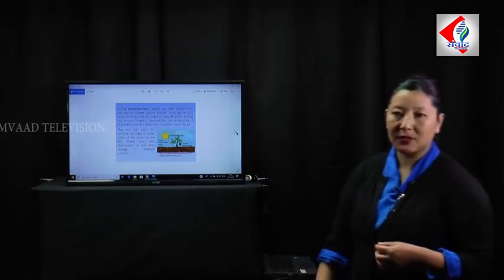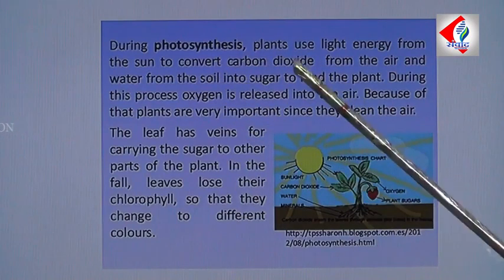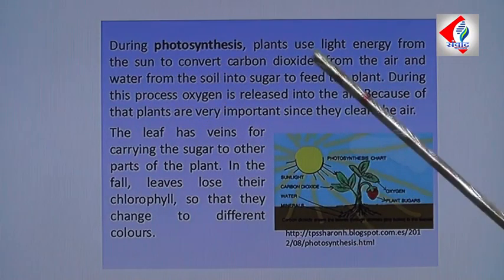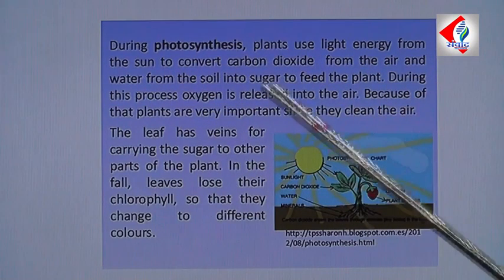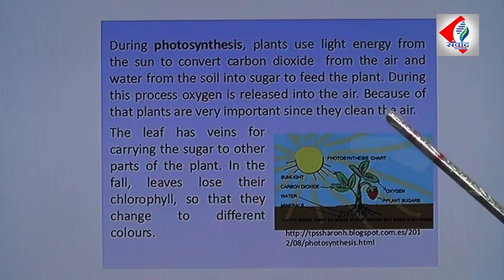So what happens during photosynthesis? Let's break the word photosynthesis into two. Photo means light and synthesis means to make or to manufacture. So during photosynthesis, plants use light energy from the sun to convert carbon dioxide from the air and water from the soil into sugar to feed the plant.